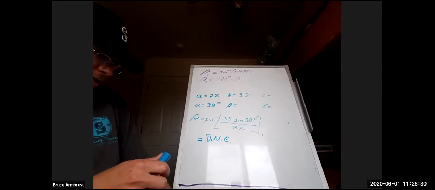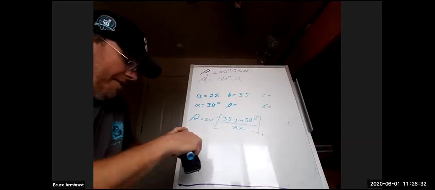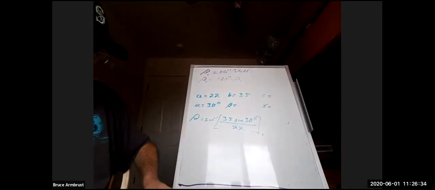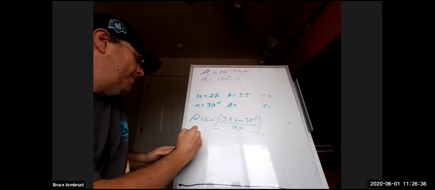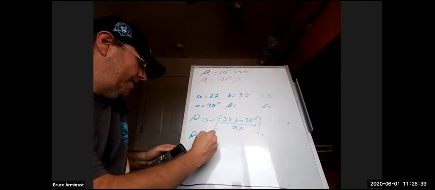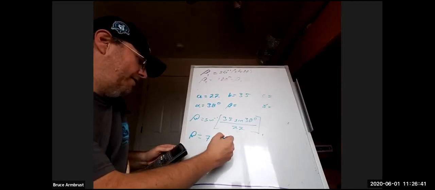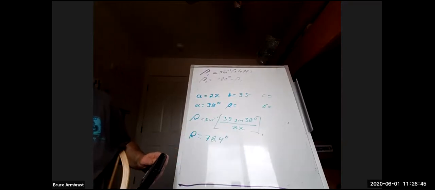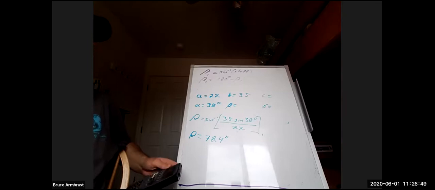So let me go ahead and change that. It was a different example I was thinking about. All right, so this gives us beta equals 78 point, let's just round it to 4. All right, so there is an angle that works.